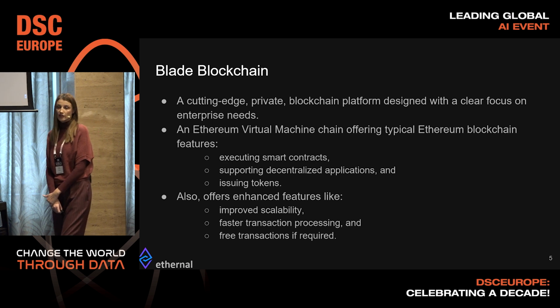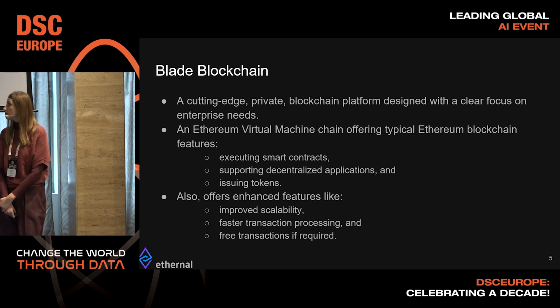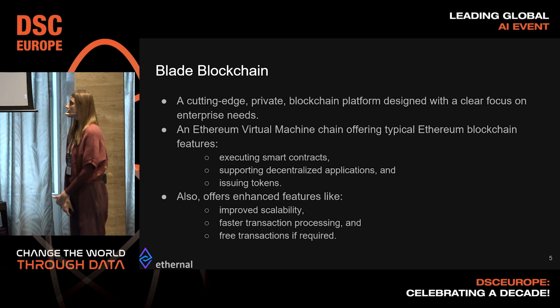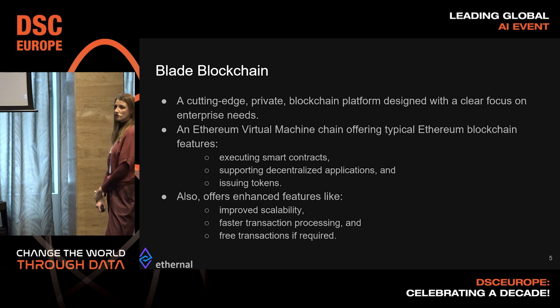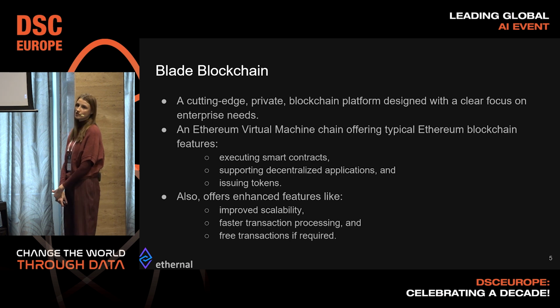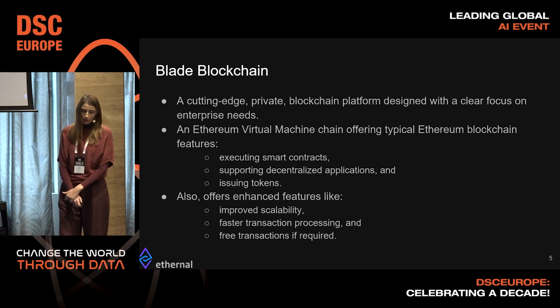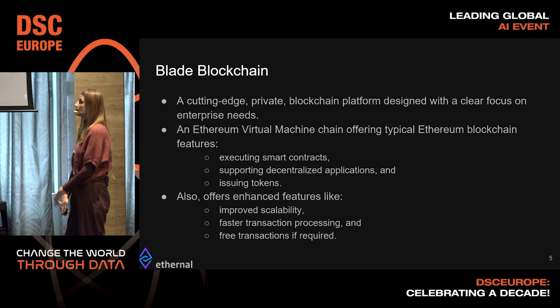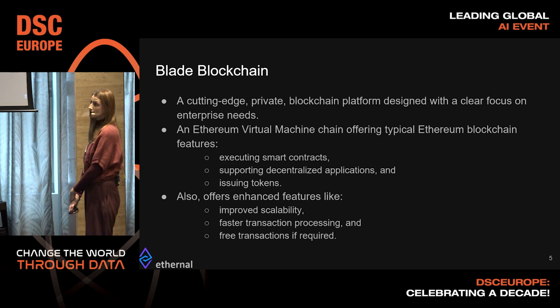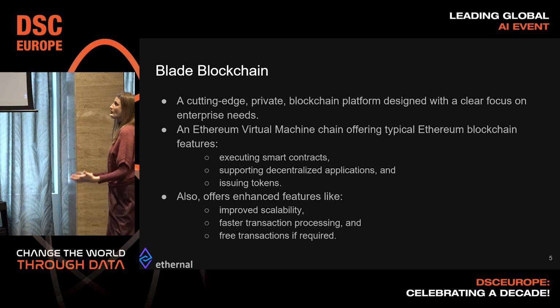It's essentially an Ethereum virtual machine chain which is offering typical features such as execution of smart contracts, supporting decentralized apps, issuing tokens, and we also have enhanced features including improved scalability, faster transaction processing, and free transactions when this is required. So on the one side, we have an enterprise system with enterprise identity management system. On the other hand, we have a Blade blockchain. So how can we integrate these two?